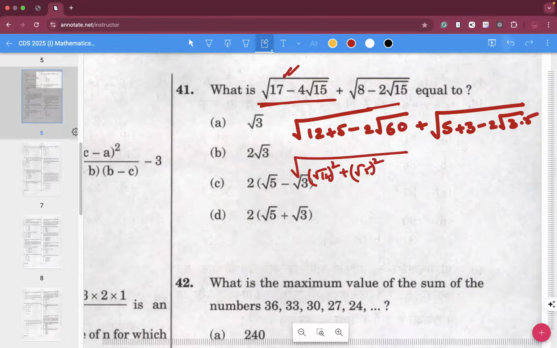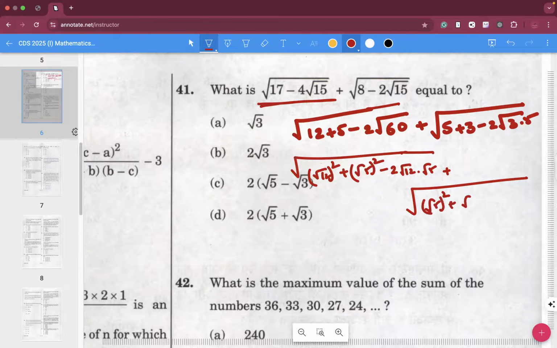To get rid of the square root, can we write it as root 12 whole square plus root 5 whole square minus 2 into root 12 into root 5, plus root 5 whole square plus root 3 whole square minus 2 into root 5 into root 3? I can definitely write it like that.